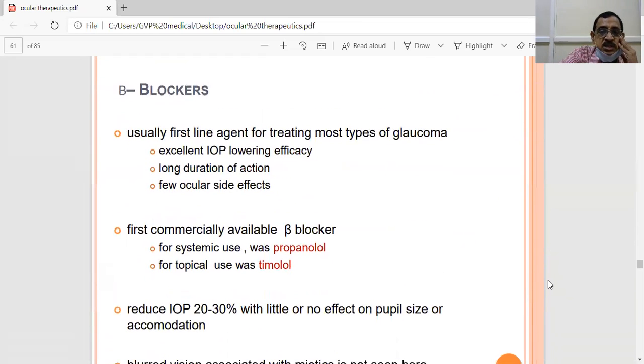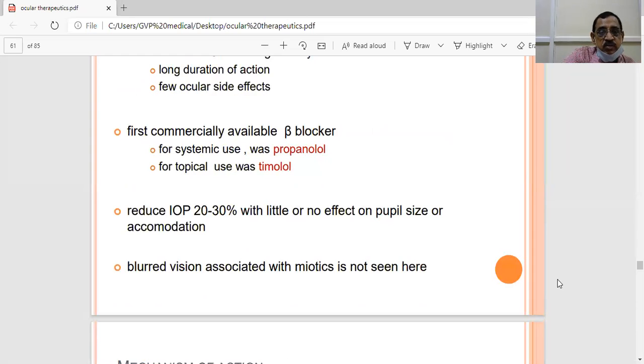Beta blockers are usually the first line agent for treating most types of glaucoma nowadays. They have excellent IOP lowering efficacy, a very long duration of action, and few ocular side effects. The first commercially available beta blocker for systemic use was propranolol, and for topical use it is timolol maleate. It reduces IOP by about 20 to 30% of the basal level, with little or no effect on pupillary size or accommodation.